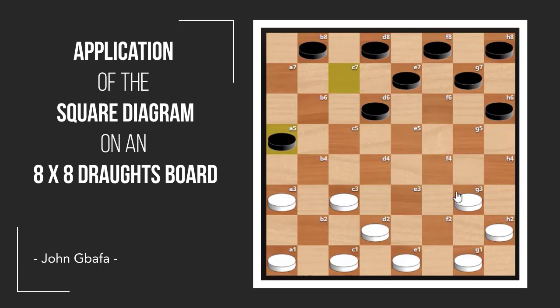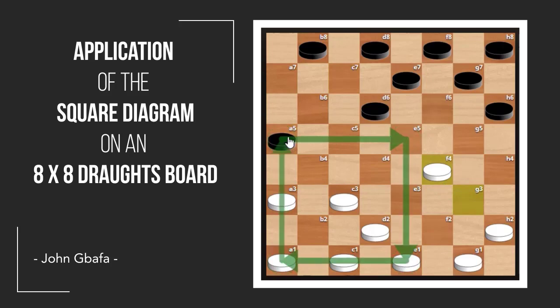The move I made was g3, f4. Again, if we draw the square, we see that e5 has d6, f6, f4, d4 surrounding it.